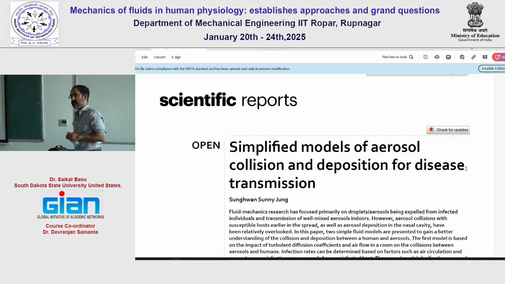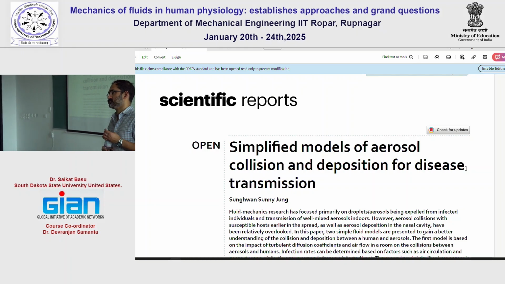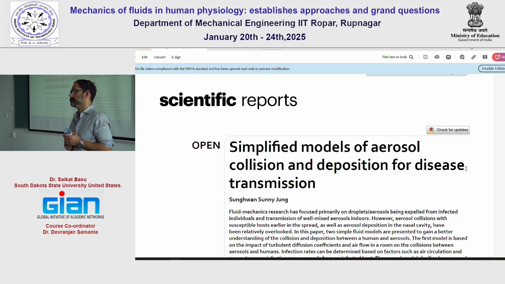In this, basically two models are described. One is the aerosol deposition, and another is a difference in how a particular deposition happens with respect to the aerosol respiratory disease. Yeah. Okay.